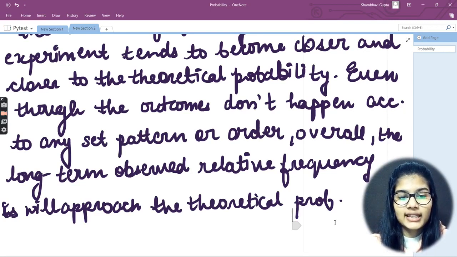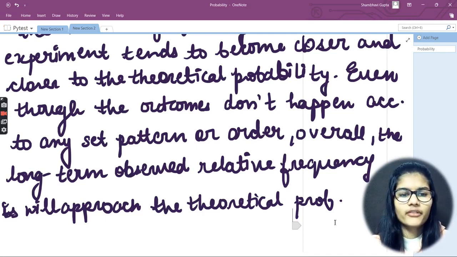Now when do we use the word empirical? The word empirical is often used instead of the word observed. So at some time if I use observed, or at some point if I use empirical, do not get confused in that. Observed and empirical are the same thing.